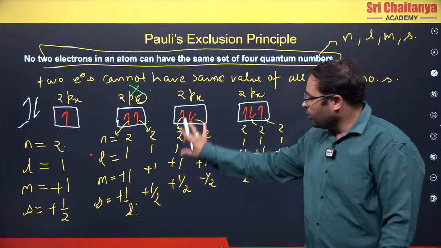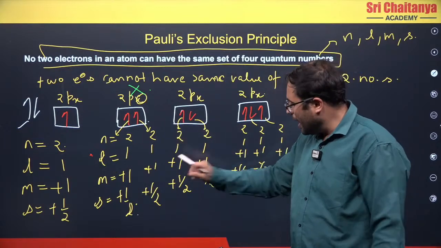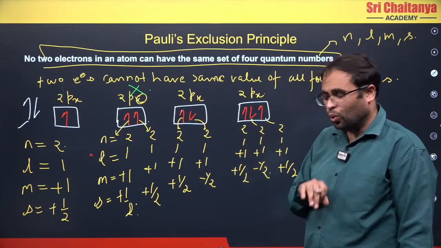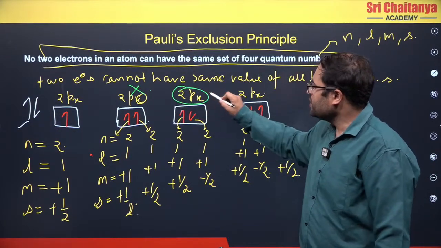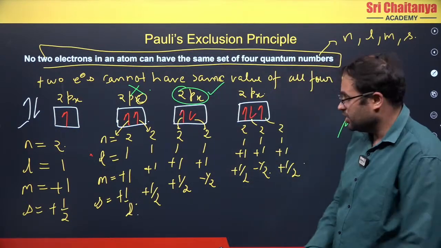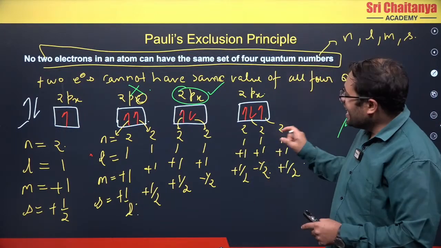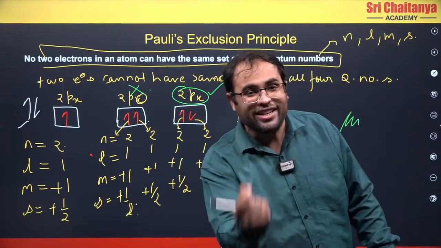Right? Moving on to this. n is the same, l is the same, m is the same, s is the same? No. It's plus and minus. So this situation obviously is possible. Understand that this is possible because they are in the same orbital. Each box represents an orbital.